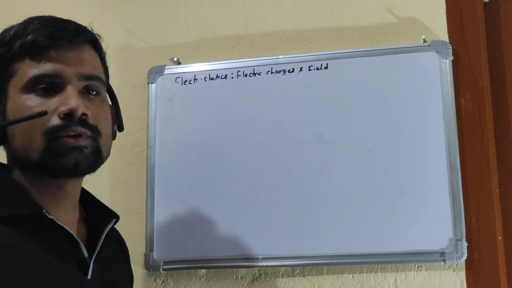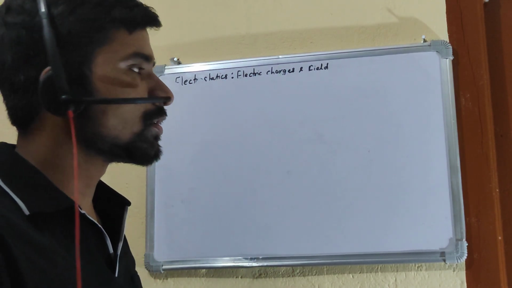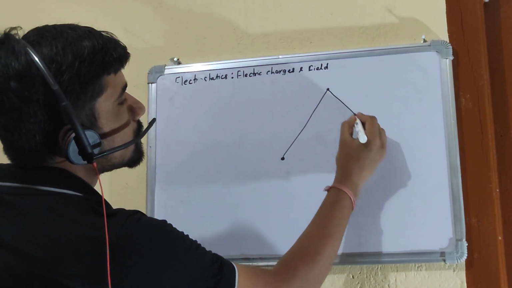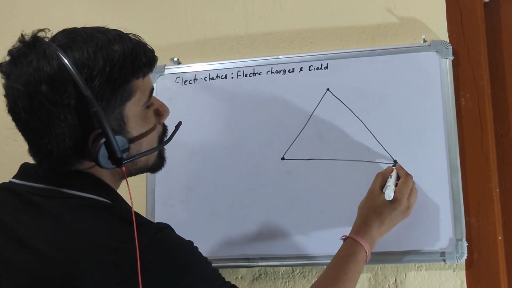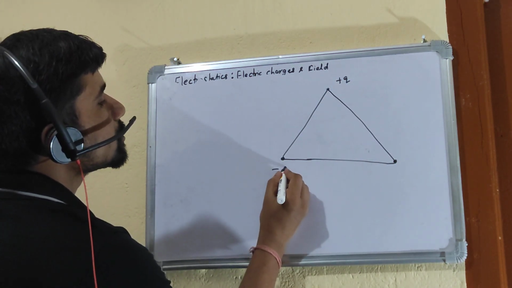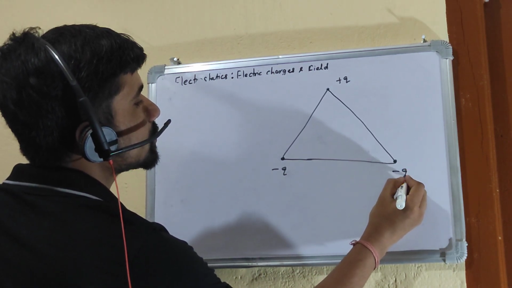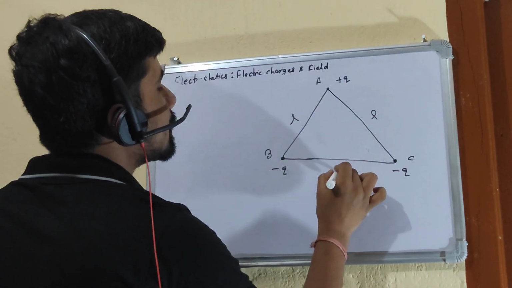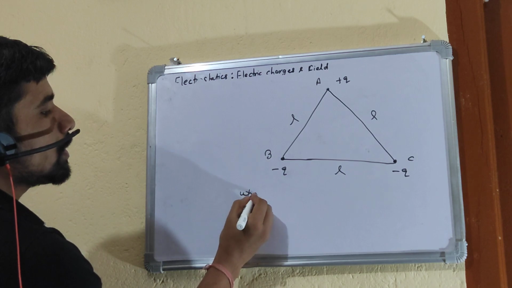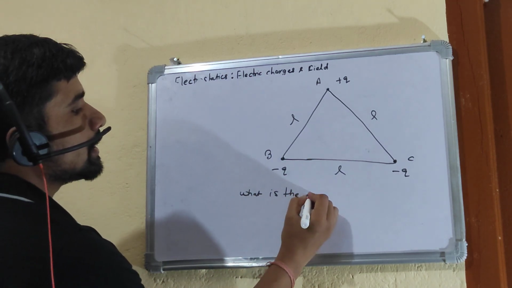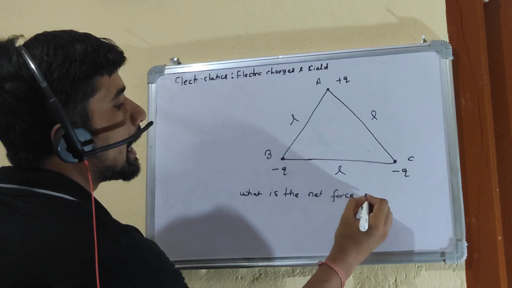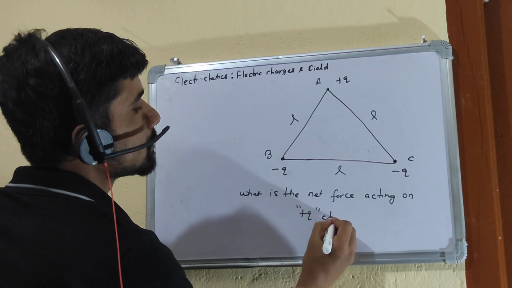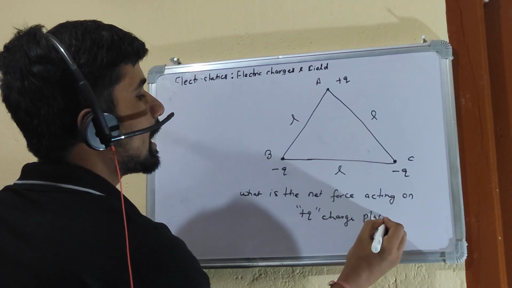So let me leave you in this lecture with a question. You can try it out on your own. Let's say we have an equilateral triangle with charges plus Q, minus Q, and again minus Q. This is A, B, C. The distances are L, L, and L. The question is, what is the net force acting on the plus Q charge placed at A?